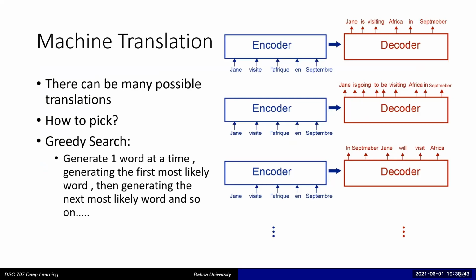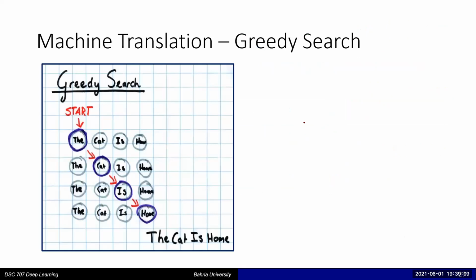Maybe grammatically all of these are correct, but we try to pick the one that makes more sense or is more pleasing. For example, for a French sentence, we can have three different translations: "is visiting", "is going to visit", or maybe we change the order. In daily language, which of these would we use? Maybe that is more preferred, although grammatically all of these could be correct.